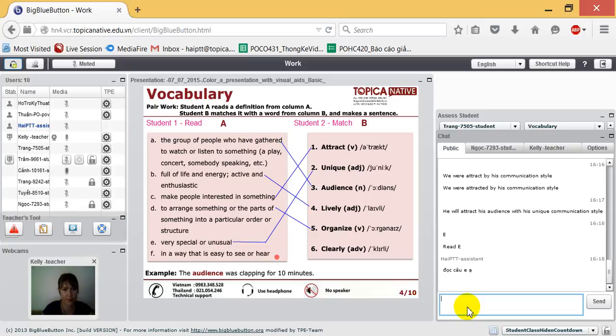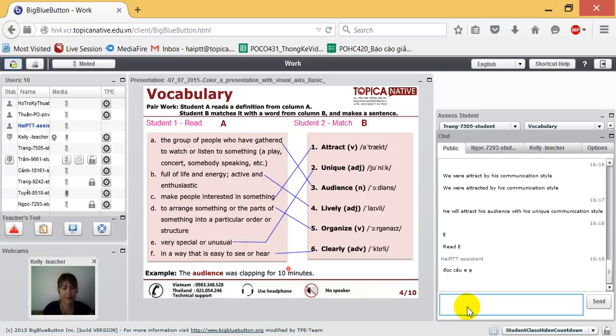In a way that is easy to see or hear. Thank you. Oh, no, I'm gonna ask Tuet to match it. Tuet, what does that match with? Yeah, it will match with number 6, clearly. Yes, that's right. And could you please create a sentence using the word clearly?